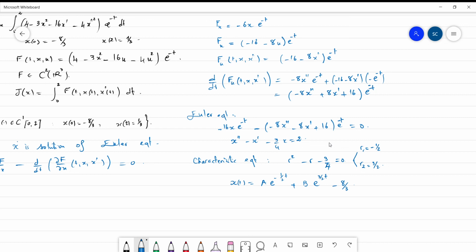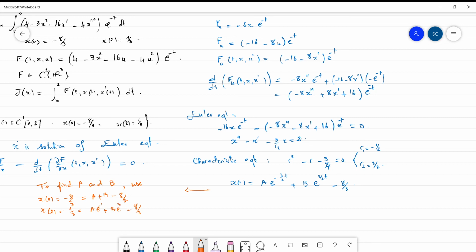To get x star, we use the initial conditions, and a and b are deduced. To find a and b, we use the fact that x(0) equals minus 8/3, which gives a plus b minus 8/3, and x(2) is 1/3, which is a e^(-1) plus b e^3 minus 8/3.